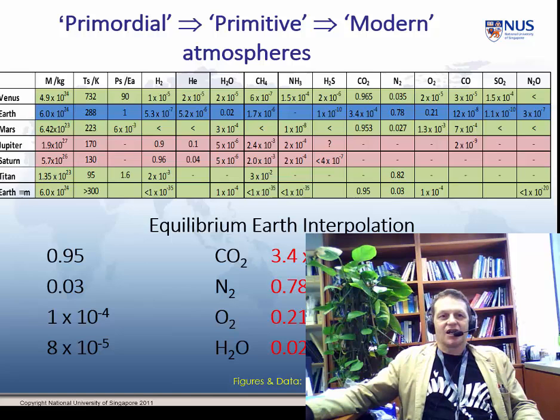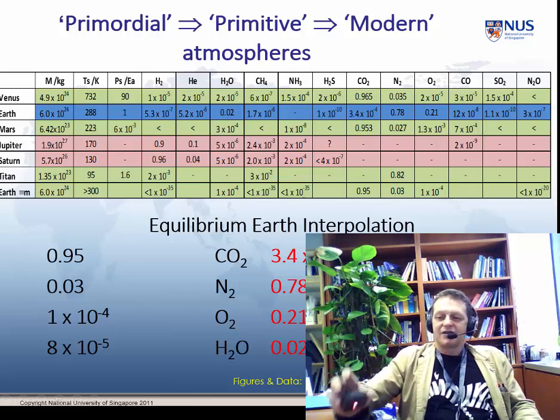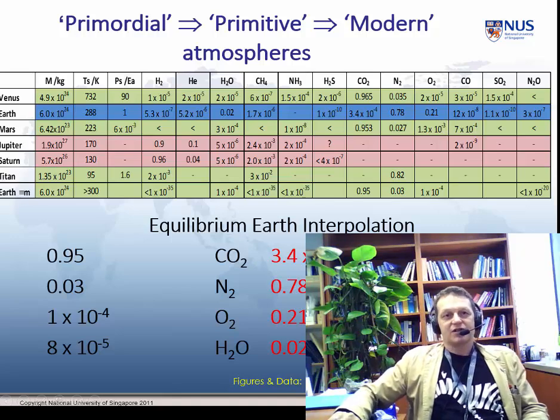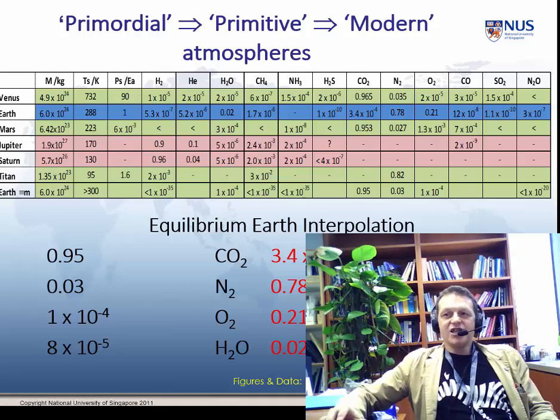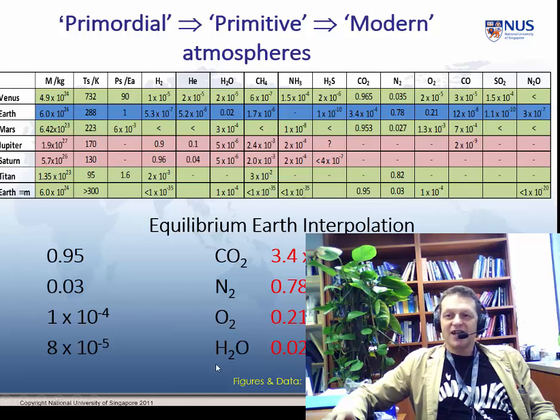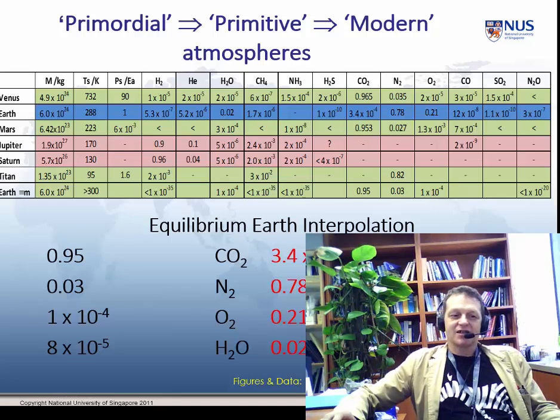And in fact, a very famous scientist, Professor James Lovelock, he was working for NASA at the time, and he used this very fact to say, guys, we don't need to go to Mars to look for life. Because if life were there, then the Martian atmosphere wouldn't look like the other primitive atmospheres in the terrestrial system. It would look more like Earth's atmosphere.